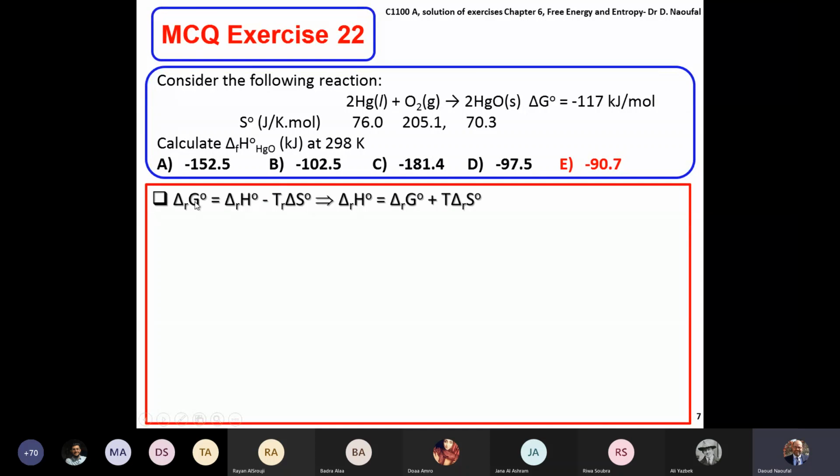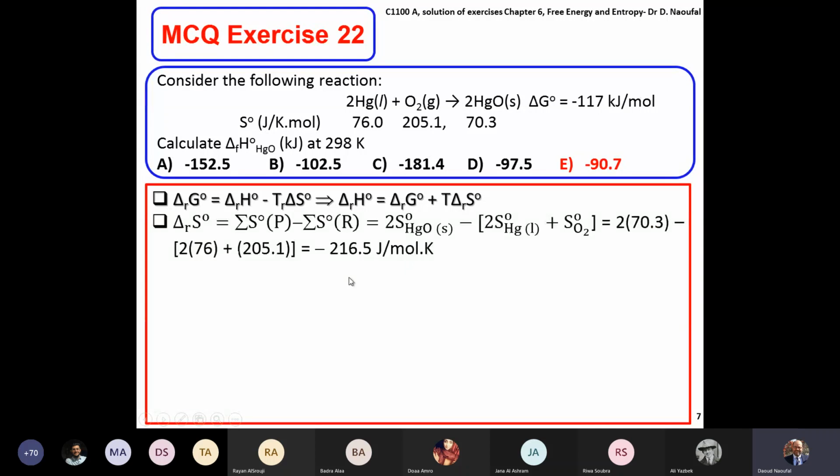So delta G0 of the reaction equal delta H0 minus T delta S0, and delta H0 equal delta G0 plus T delta S0. Delta S0 of the reaction is equal to the sum of S0 product minus S0 reactant, equal to S0 HgO solid, minus 2 S0 Hg liquid, minus S0 O2 gas.